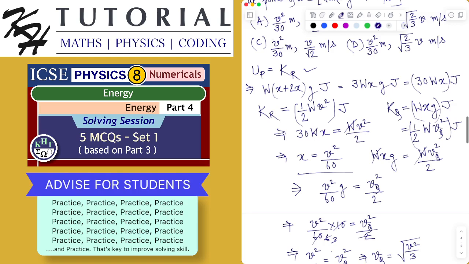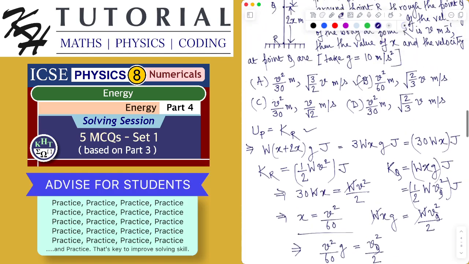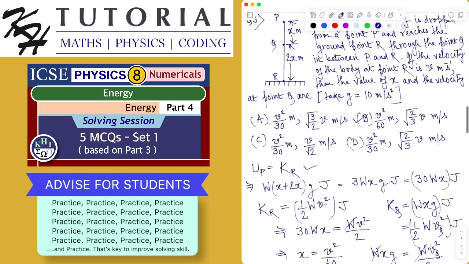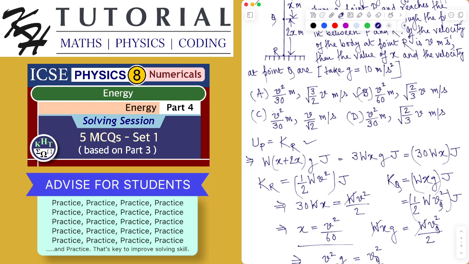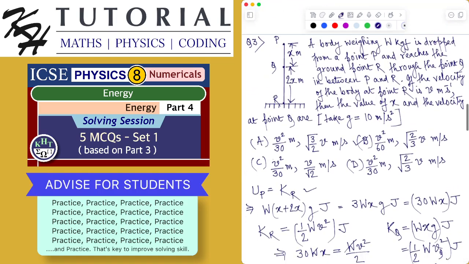Let me see if I have done any calculation mistake or not. At the point Q, what will be the kinetic energy of the body? If the velocity of the body at the point Q is Vq, its kinetic energy will be half mv square, where m is w kilogram.